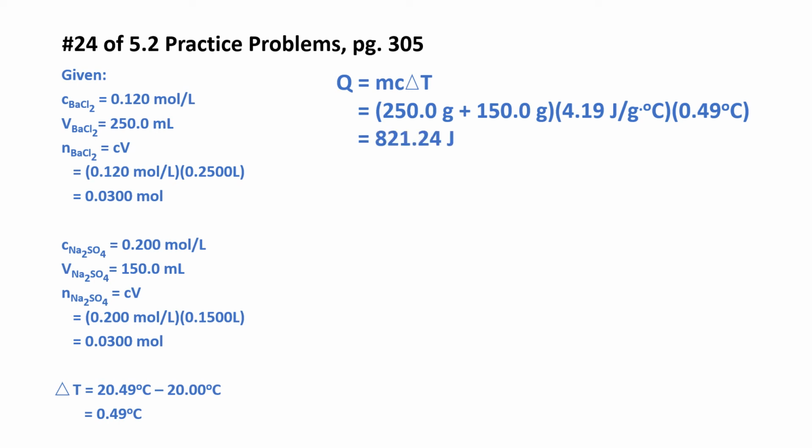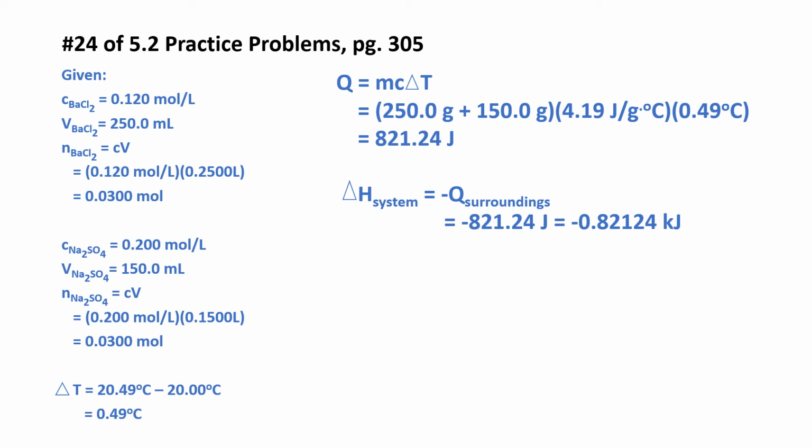When you put that in your calculator, you get 821.24 joules, which means your liquid in your solution has gained thermal energy. And because it has gained thermal energy, the system has lost heat. It's the opposite, so we gave it a negative value, and we convert it to kilojoules.